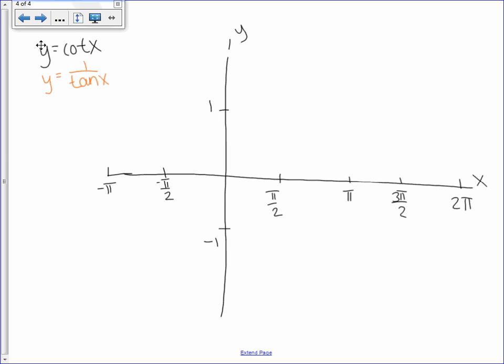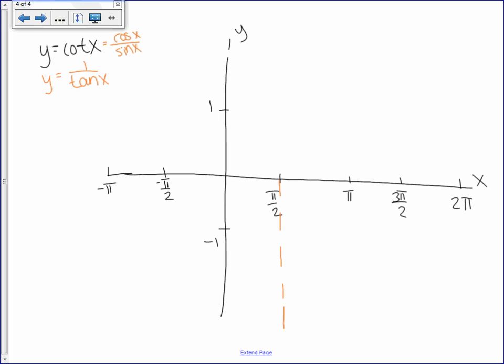Okay, and we're going to have an asymptote anywhere our denominator is equal to 0. Well, tangent is equal to 0 anywhere sine is equal to 0. Oh yeah, we also could write this as cosine over sine. Right? So this is equal to 0 anywhere that cosine is equal to 0.